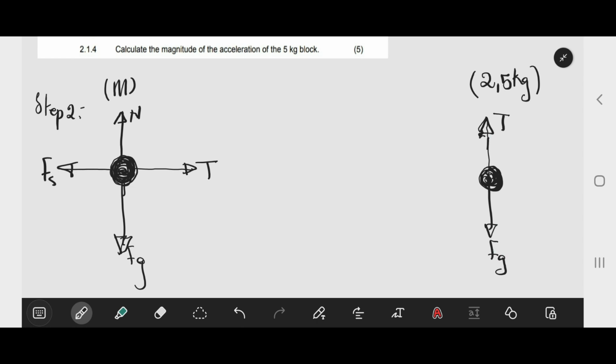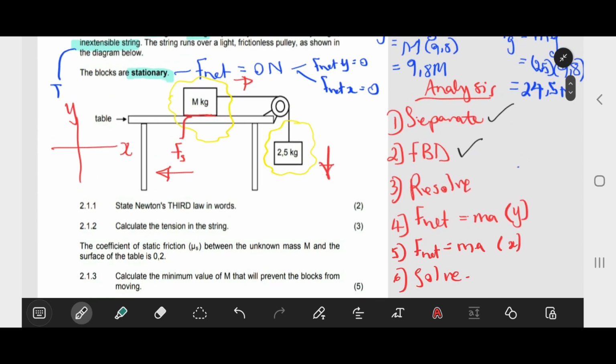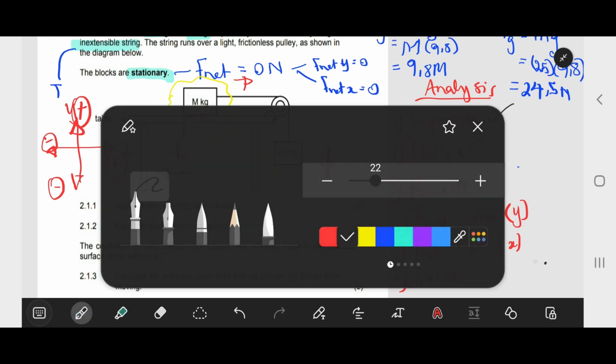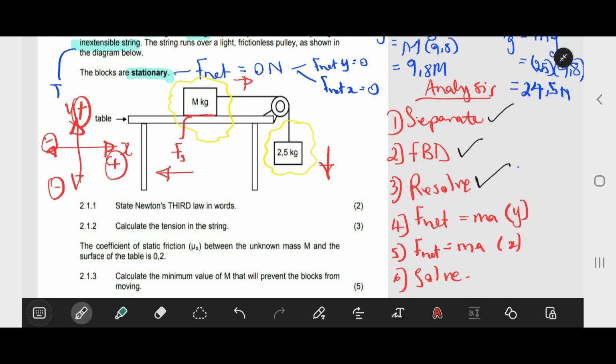Just to remind you, the system of axis that we are using has the positive y-axis going upward, the negative y-axis going downwards, positive x direction going to the right, and negative x direction going to the left. So we are done with step number 3, resolving. There is no need to resolve any force in the free body diagrams.